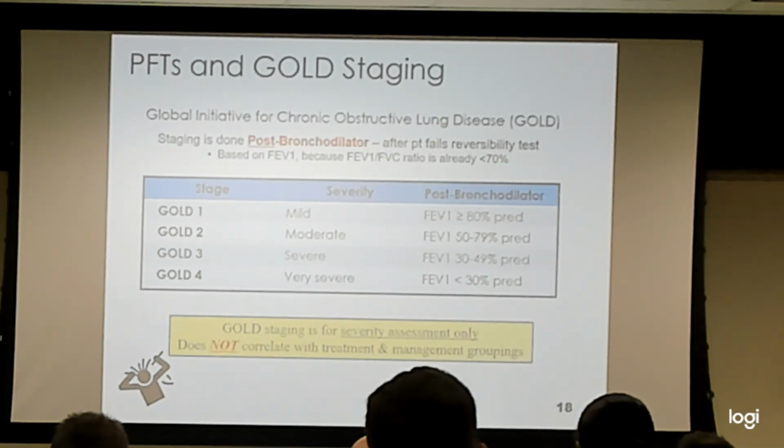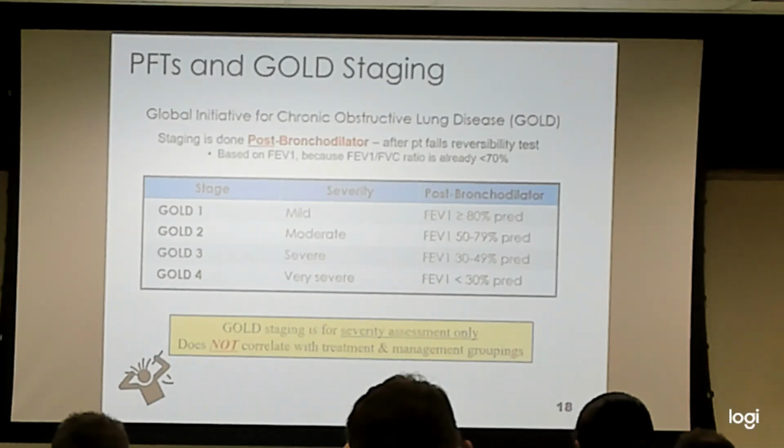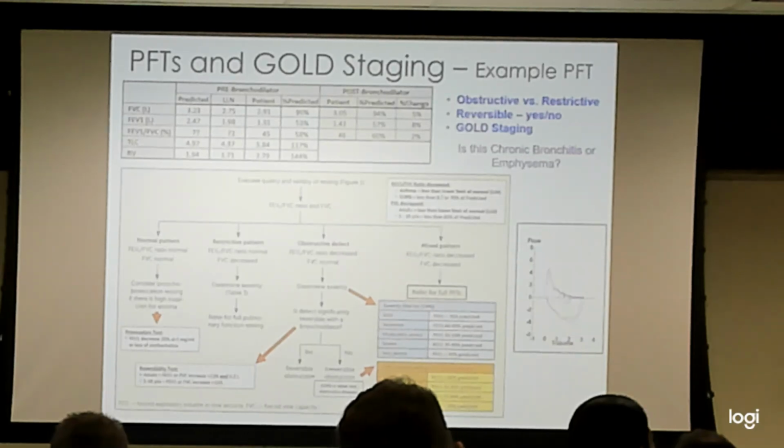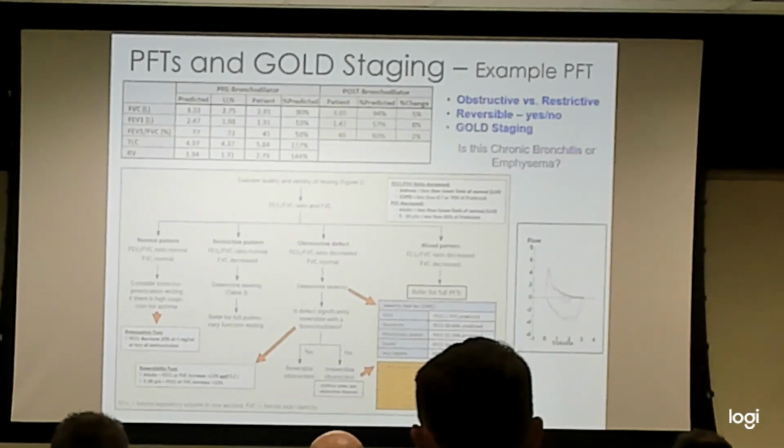So this is GOLD staging. And all you need to know about it is that it exists, and that when somebody says GOLD, you understand that this is just to be able to talk severity when you're communicating with another clinician.